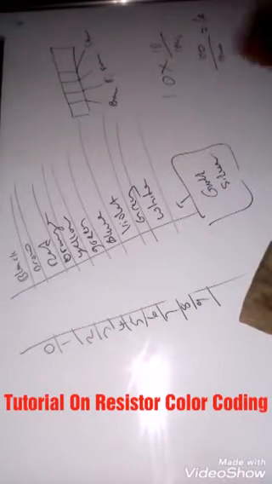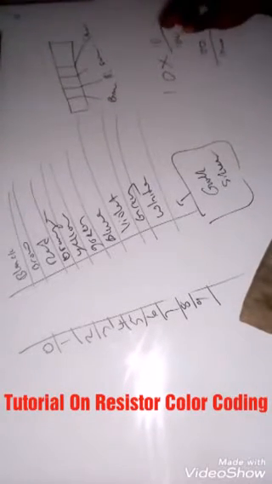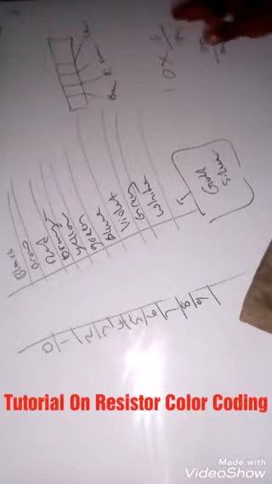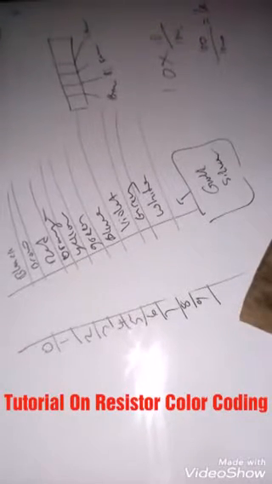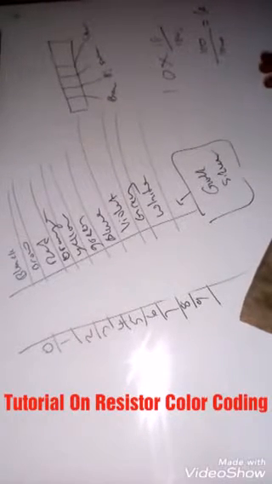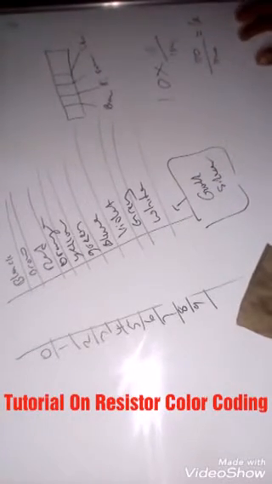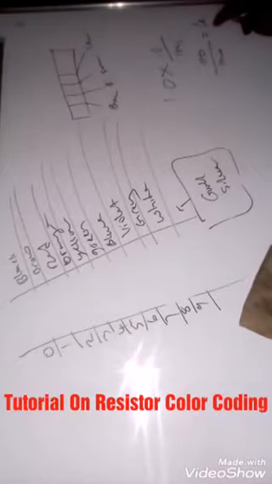One more thing. You see, the last colors of these resistors, most times they are tolerance colors. Although we don't consider them in the calculation of resistance, they still signify something. They are telling us the tolerance of this resistor. Like this one is rated 1 ohm, okay?